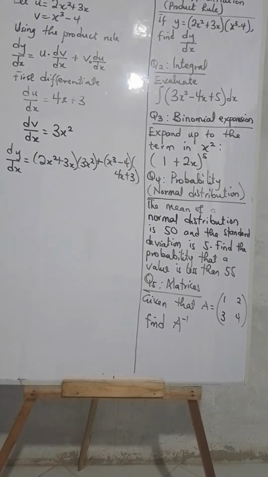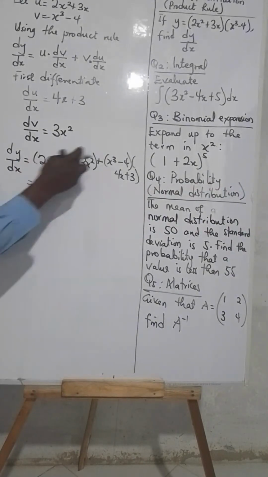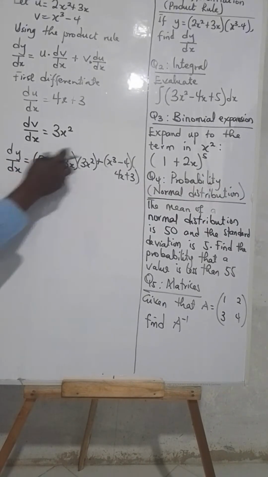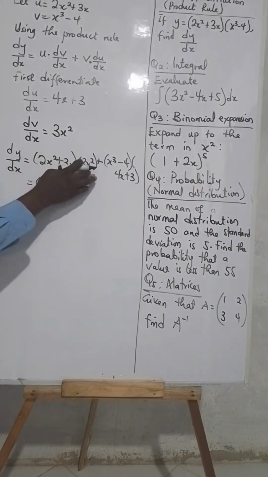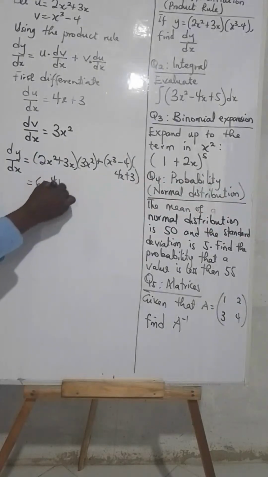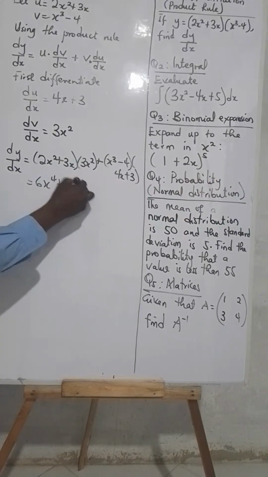Obviously, this by this gives us 6x exponent 4. That's 2 times 3 is 6, then the x you add the exponents, you get exponent 4 here. And the same thing, multiply this, we get 9x exponent 3.